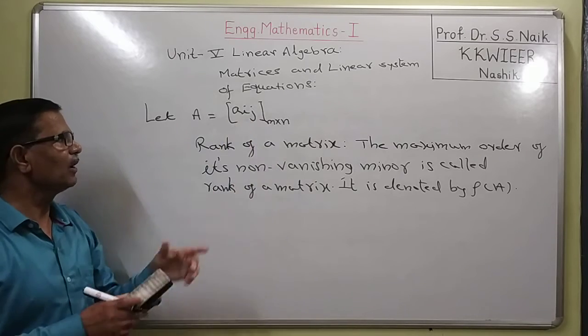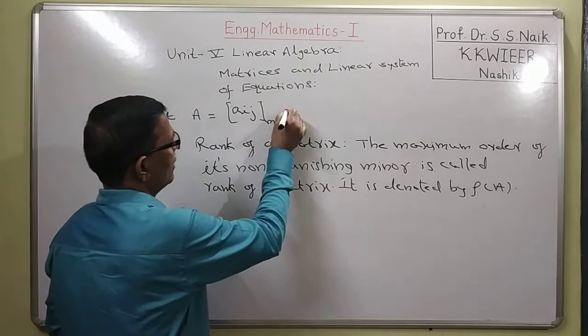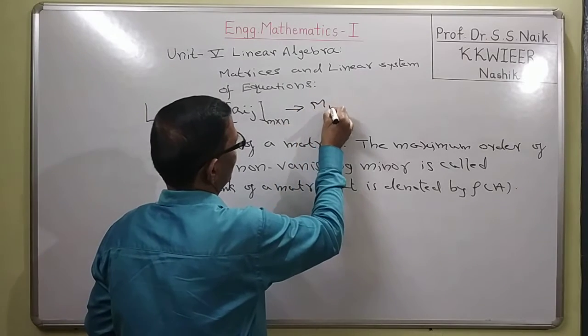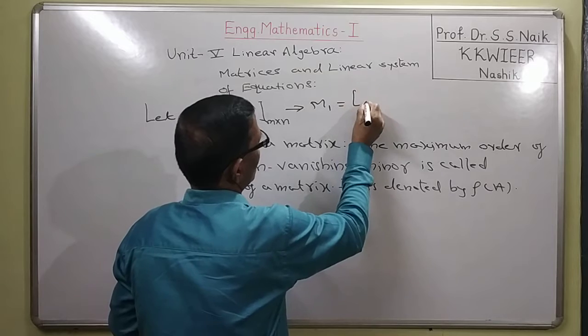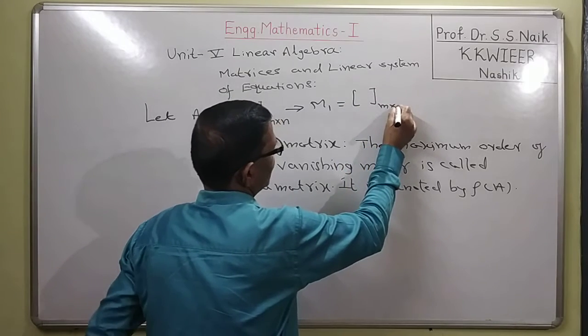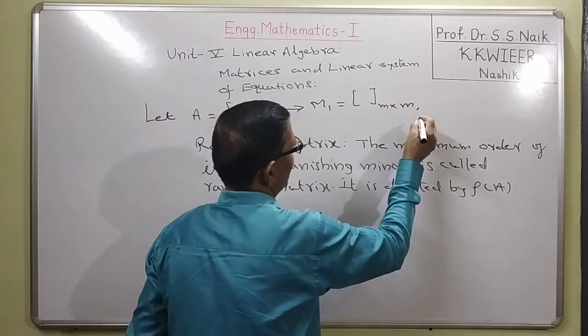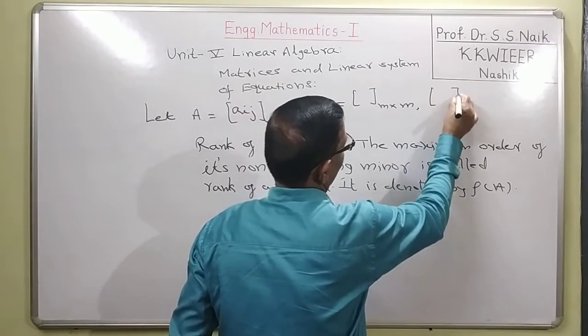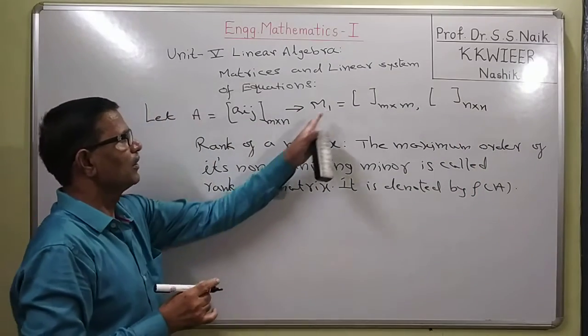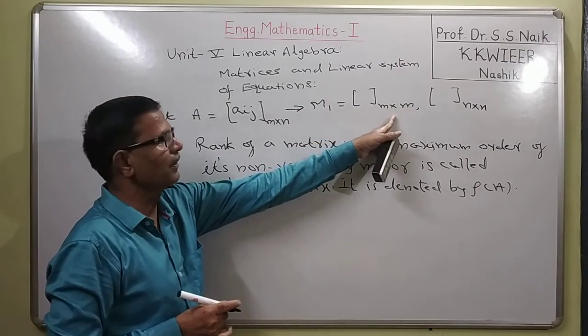Now say for example, you will be having a matrix of order m by n. In that you will be having either the m by m or a matrix of order n by n. Now these are the square submatrices.